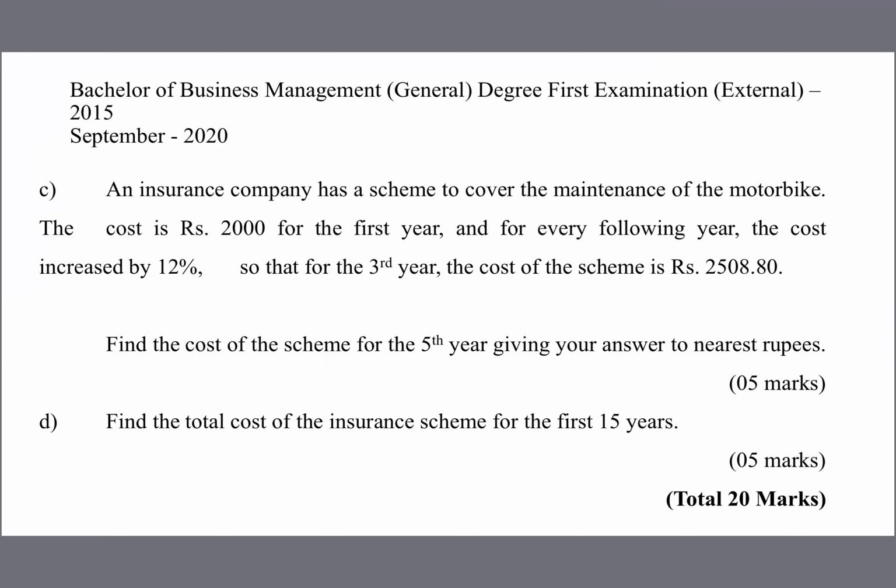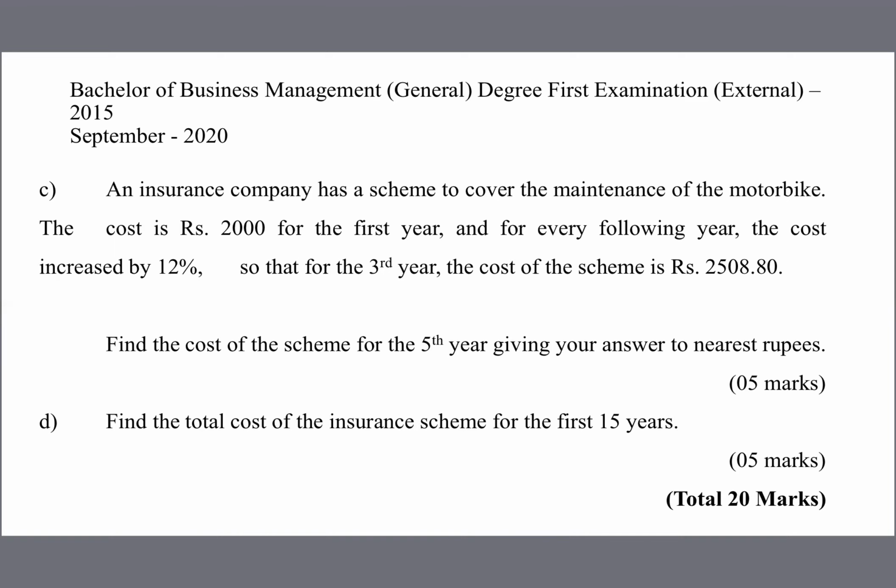Same section. An insurance company has a scheme to cover the maintenance of the motorbike, right? The cost is rupees 2000 for the first year, and for every following year the cost increased by 12%.